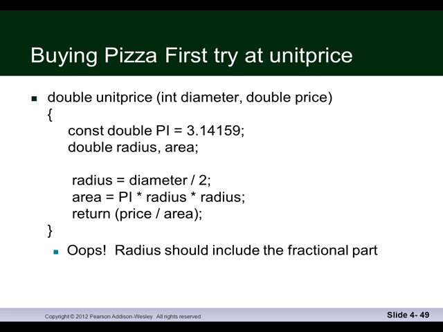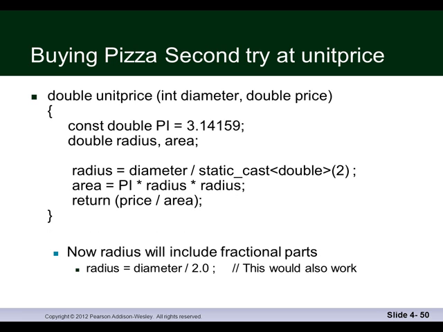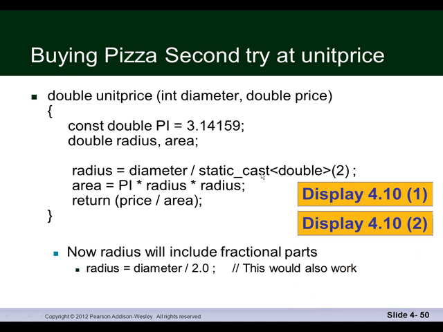Remember, every time you have a division, you have to check it. So we have to change the typecast of one of these, either this one or that one. Once again, it's not going to affect the variable, it's just going to use it right here. Now this calculation is going to happen in double.